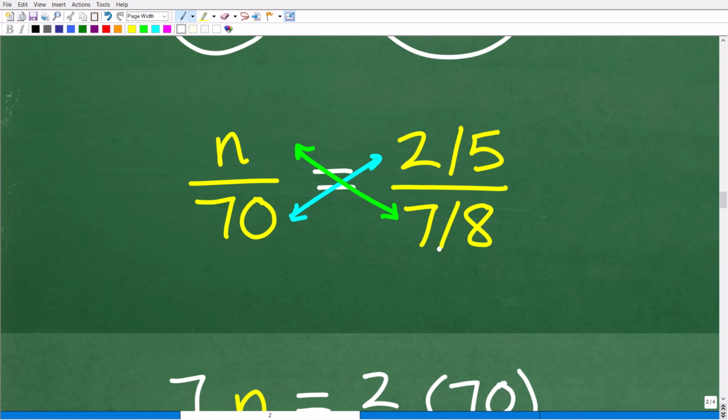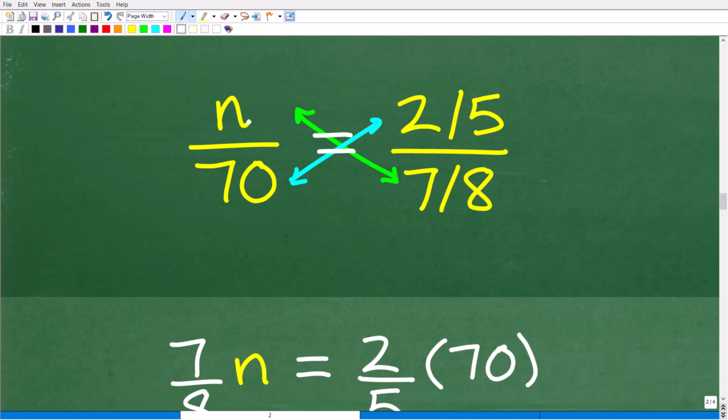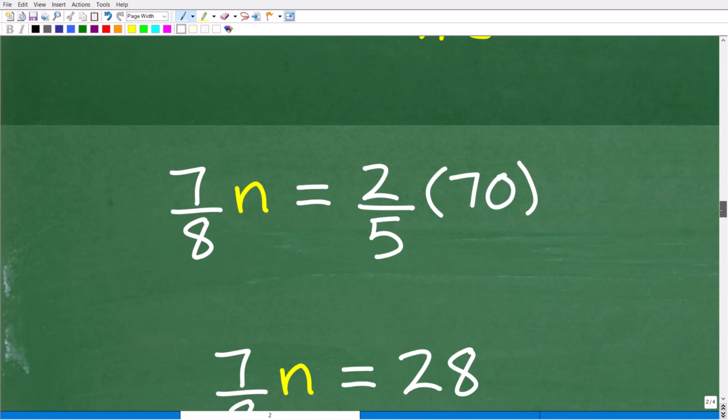So we're going to take n and multiply it by 7/8, and that's going to be equal to 70 times 2/5. So let's go ahead and see that right now. Okay, so n times 7/8 is going to be 7/8 n, or 7/8 times n. Remember, in algebra, you always want to put the variable behind, so the number is a coefficient. And then we have 2/5 times 70, so that brings us to right here.